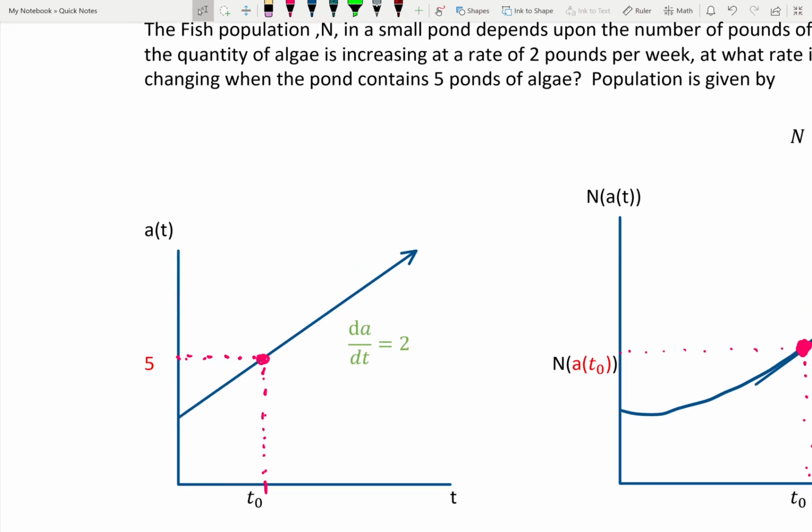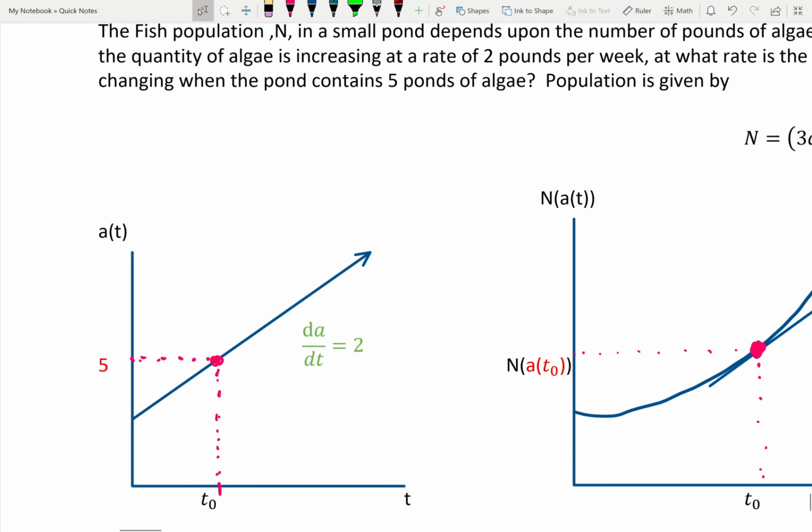What they tell us is that at a certain time, which I called T naught, the pond contains 5 pounds of algae, right? So at some time T naught, there's 5 pounds of algae. That's what I marked right here, this point right here.